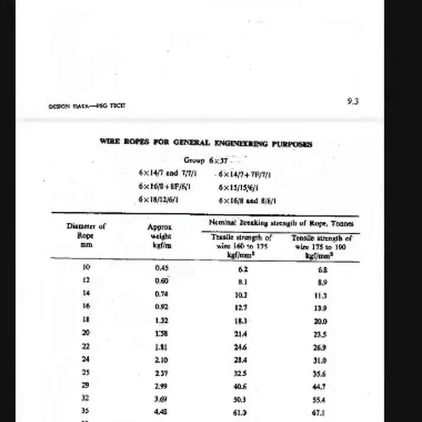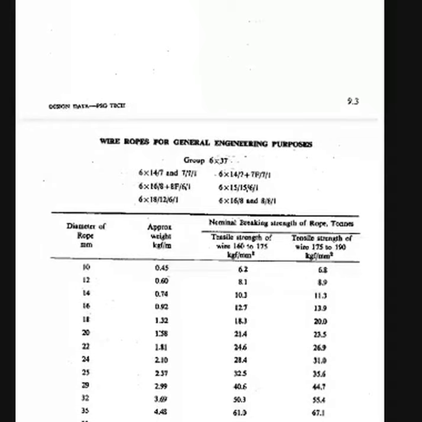The rope selection we have done is group 6 into 37, and different ropes are given. Based on that, you have to select one material for the rope.